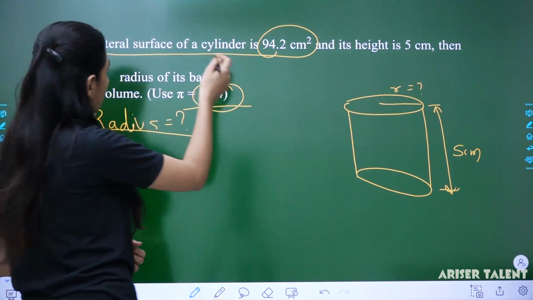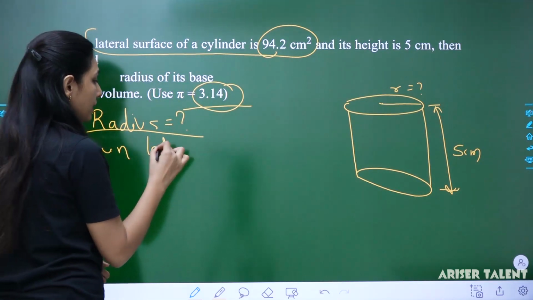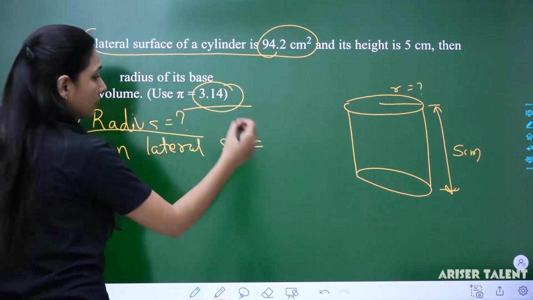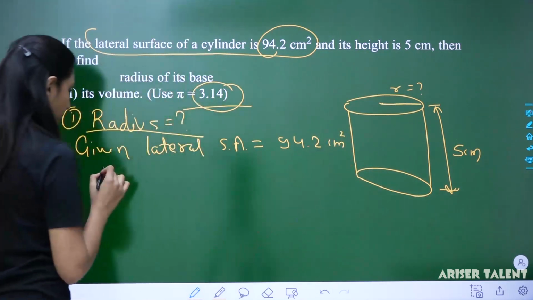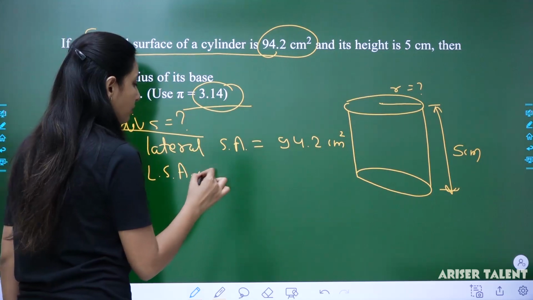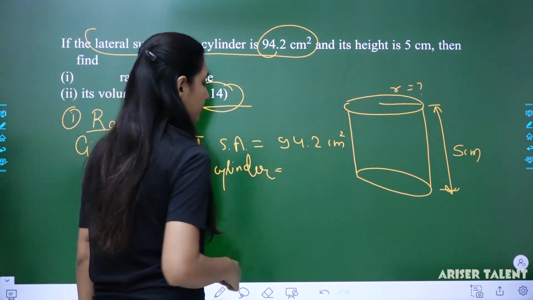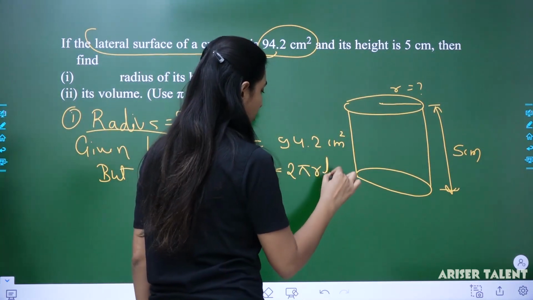we are talking about the lateral surface area. Given lateral surface area is equals to 94.2 centimeter square, but lateral surface area of cylinder is equals to 2 pi r h.